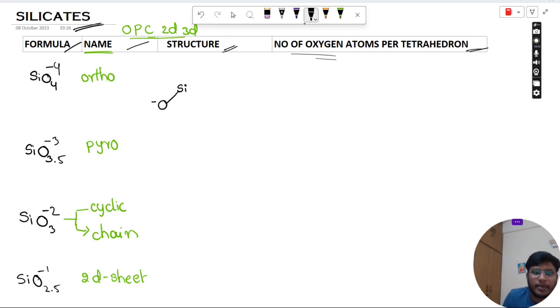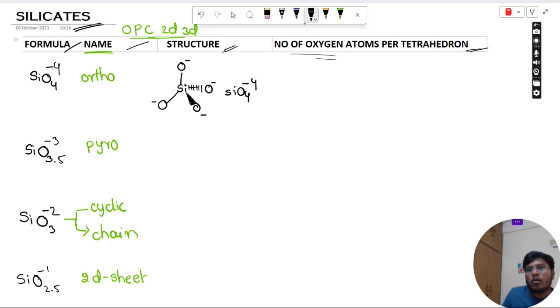SiO4 has a charge of -4, so each oxygen will contain a negative charge, and this structure will exist. The wedge representations are not much necessary, but I am showing you how the tetrahedron exists. This is SiO4 -4, an orthosilicate.